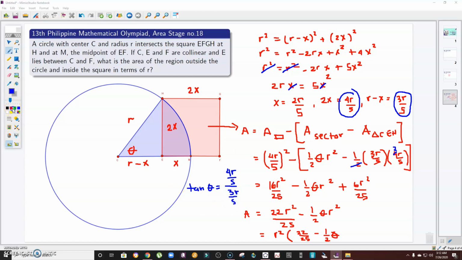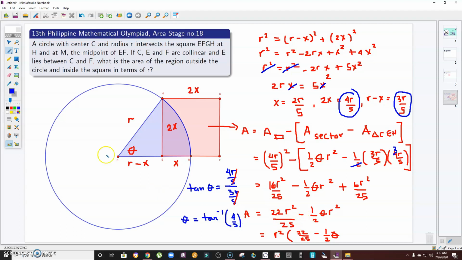Clearly I can cancel the r over 5. Since theta should be just a number, theta is equal to arctangent of 4 over 3.